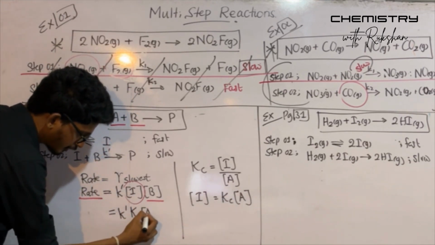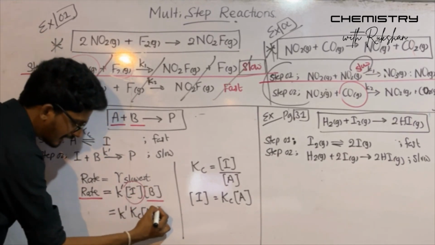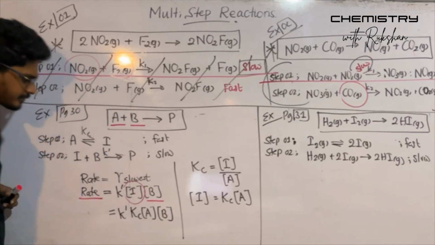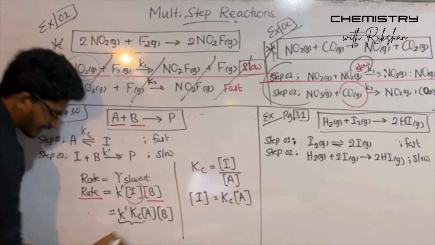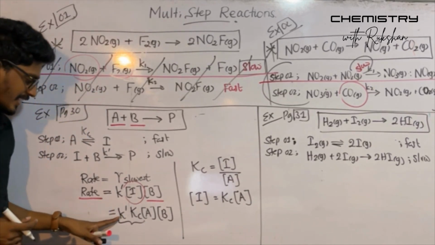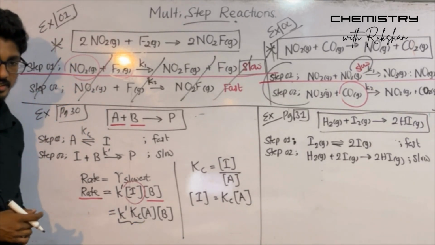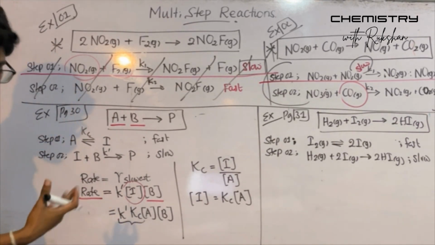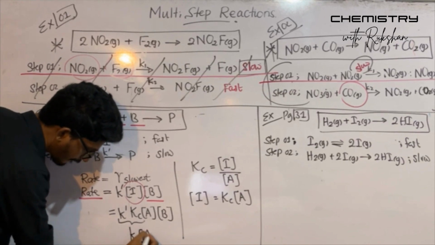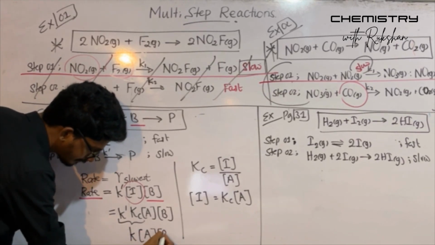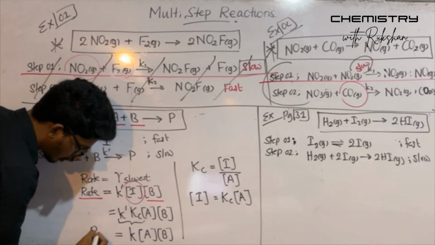Kc into A instead of I, and the B is still appearing. K dash is a constant, and Kc is also a constant. The multiplication of constants gives you a constant, so you can write this as k into A and B. This is your rate law.